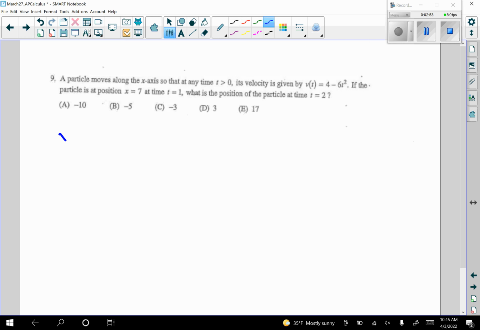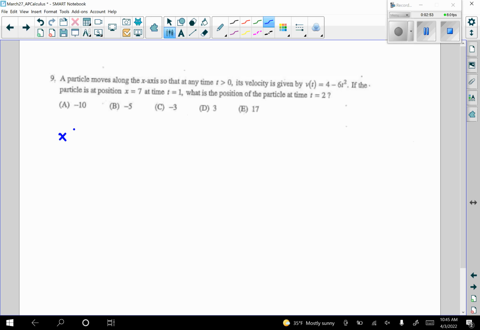Since it's using x here, we'll just say x of t is equal to the integral of v of t dt. So then that becomes the integral of 4 minus 6t squared dt. So it becomes 4t. We could start by just writing minus 6t cubed over 3 and then plus c.